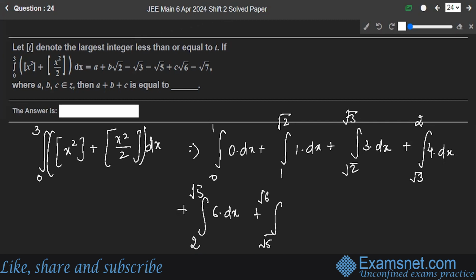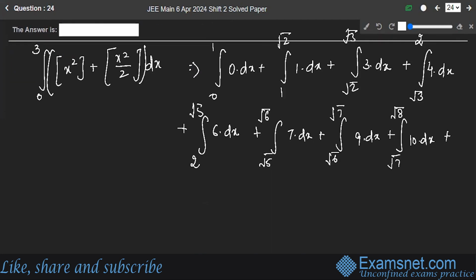Root 5 to root 6, this will be 7 dx. So next is root 6 to root 7, 9, and root 7 to root 8, this will be 10 dx, plus root 8 to root 9, which is 3 only, and this is 12 dx, right?